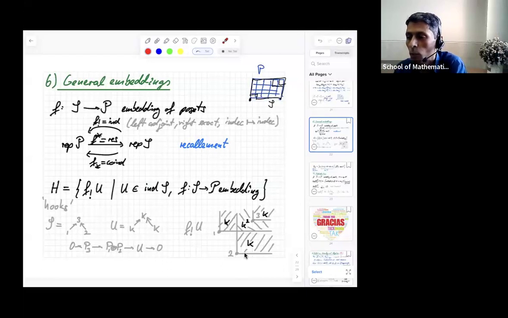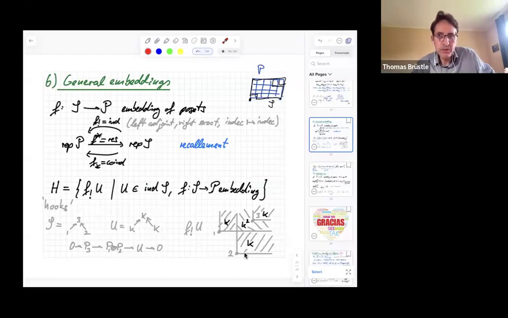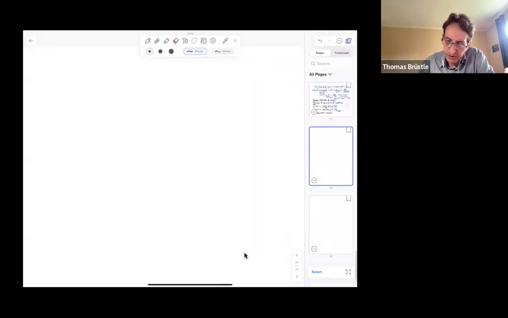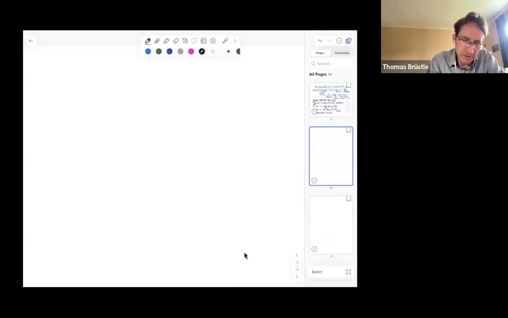I have two questions. What about dimension 3? When it's not a two-dimensional grid, but like R cubed, a three-dimensional grid.